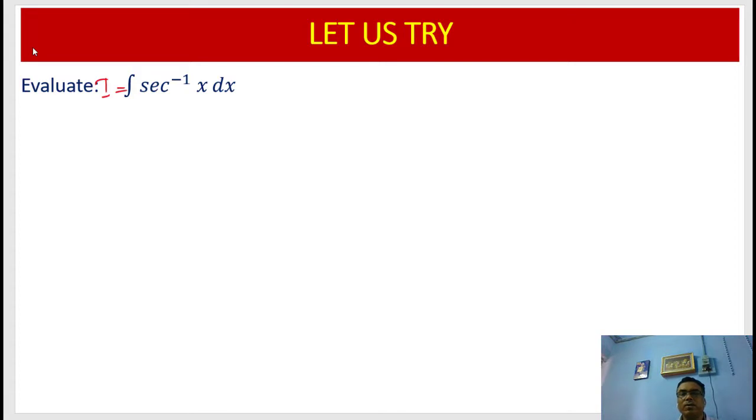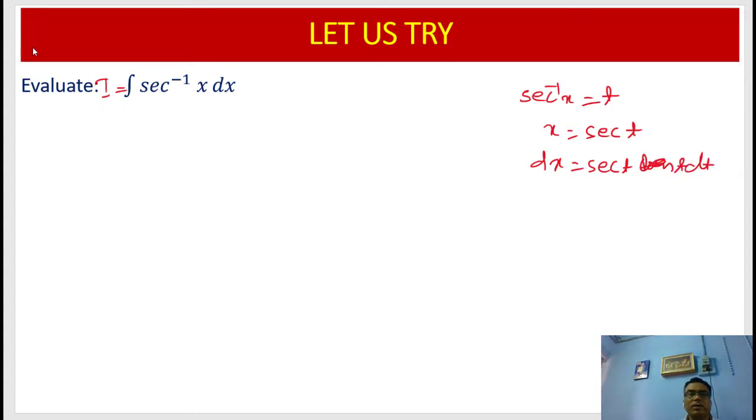So I take sec inverse x is t. So x becomes sec t. Then what is dx? Sec t into tan t dt.